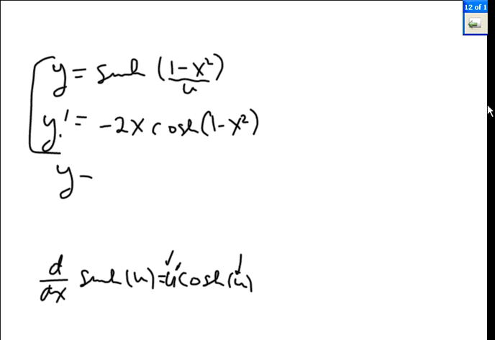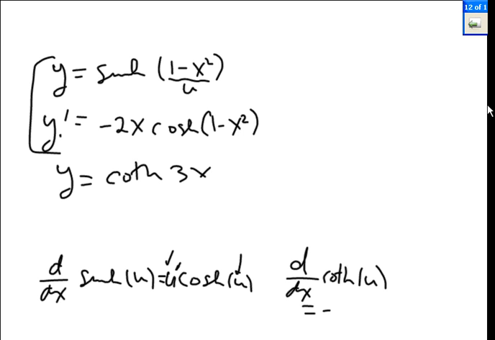So you had y is equal to the cotangent hyperbolic of 3x. Well, you need to know that the derivative of cotangent hyperbolic of anything is negative the cosecant squared hyperbolic of the same angle times, in front, the derivative.